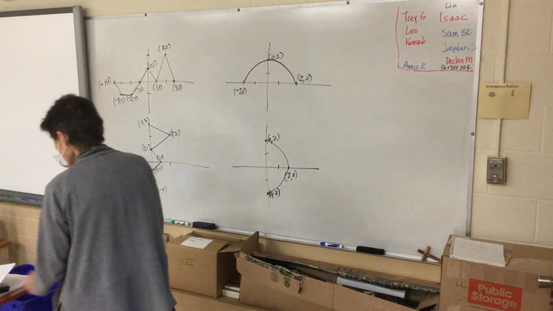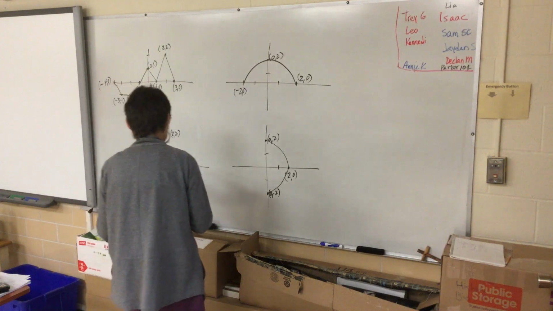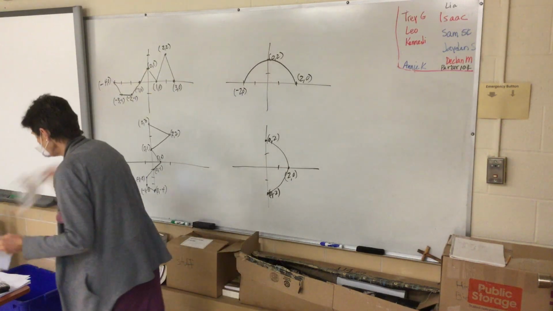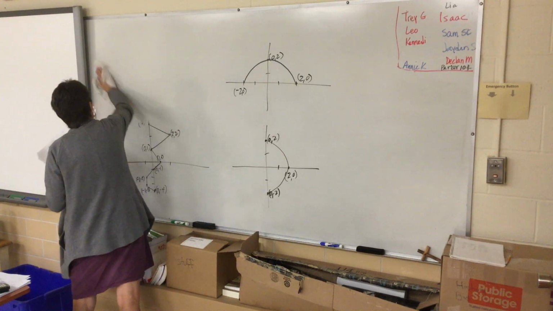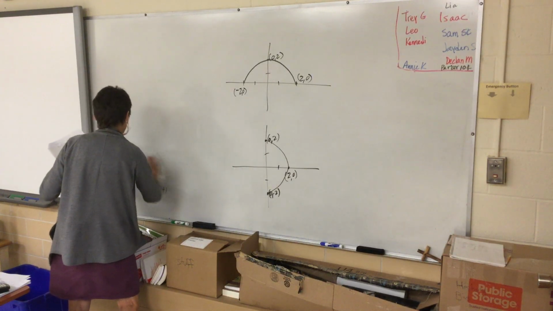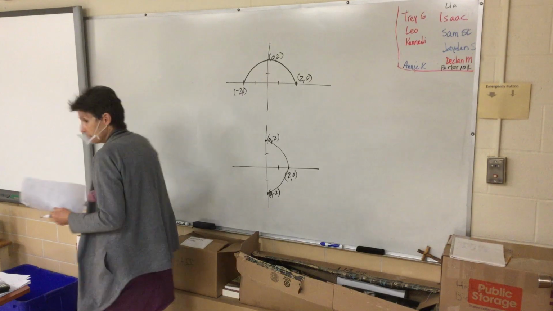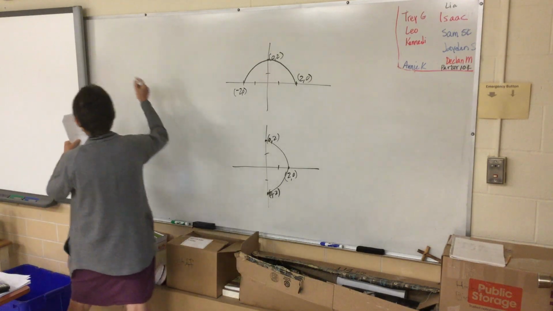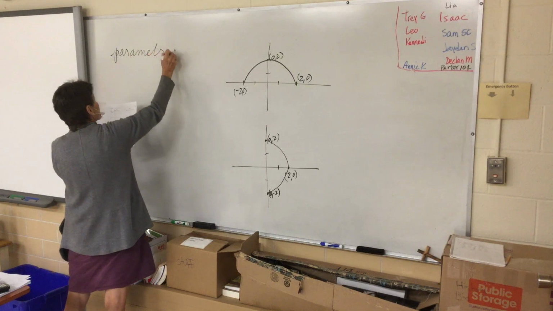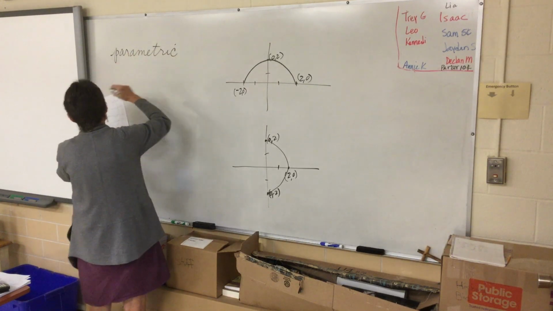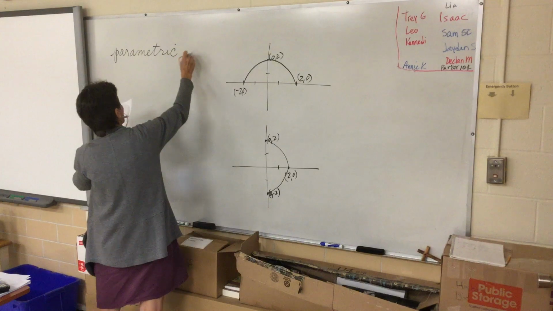Alright, the next section, which apparently was an SAT question, deals with what are called parametric equations. Just write that little word next to number 4.